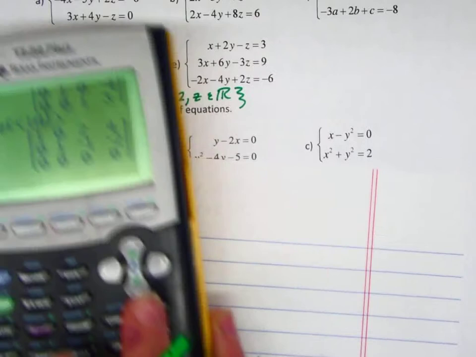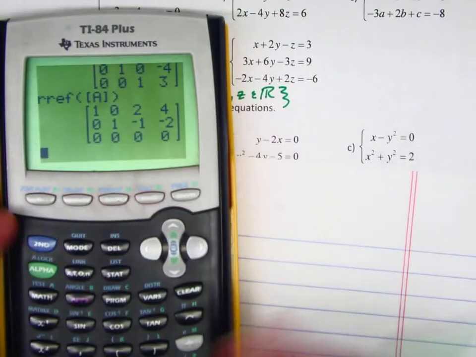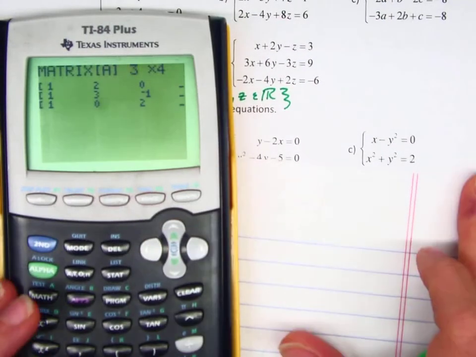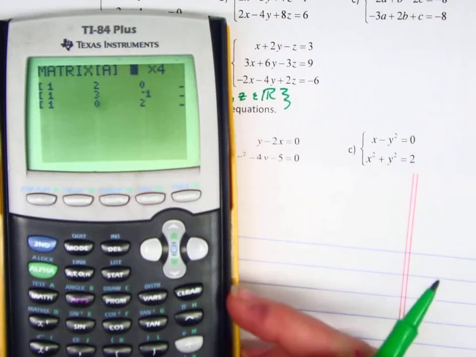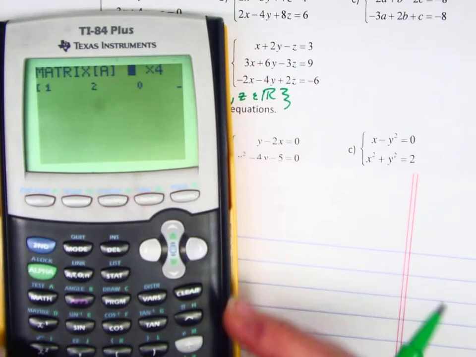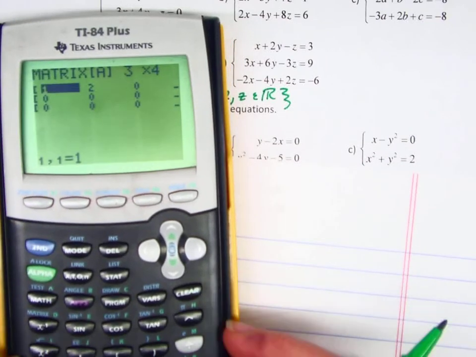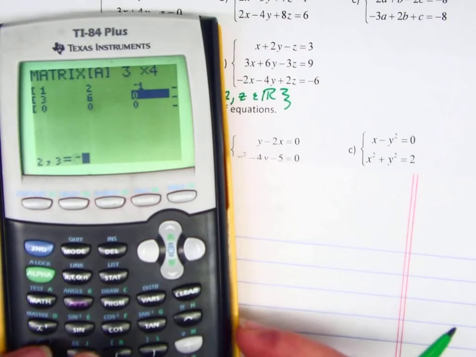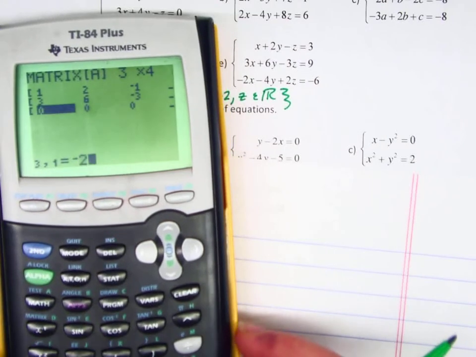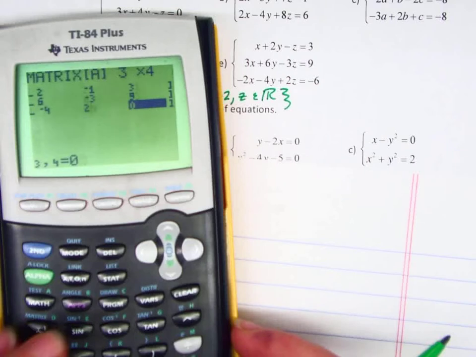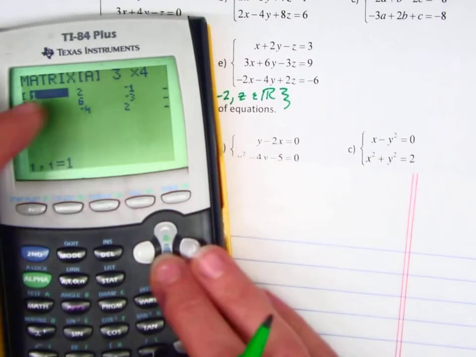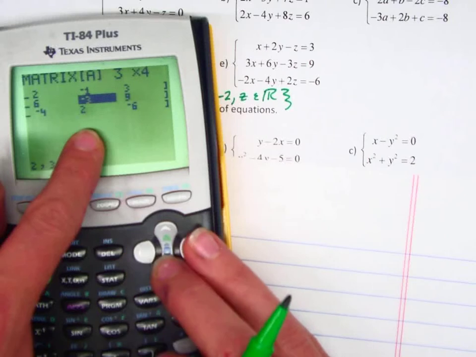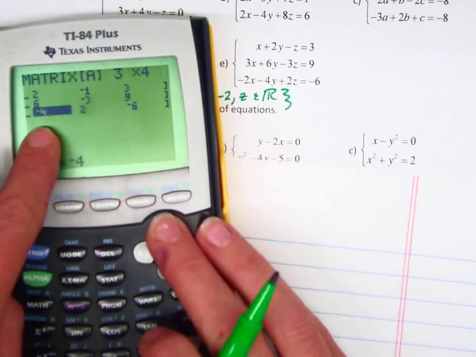And then for the last one here, e, we're going to get 3 by 4 still. All right, so 1, 2, negative 1, 3, 3, 6, negative 3, 9, negative 2, negative 4, 2, negative 6, and let's just make sure I typed those in. 1, 2, negative 1, 3, 3, 6, negative 3, 9, negative 2, negative 4, 2, negative 6.